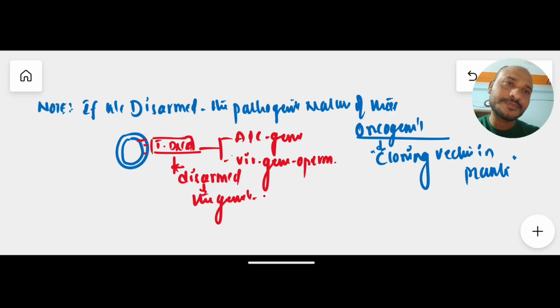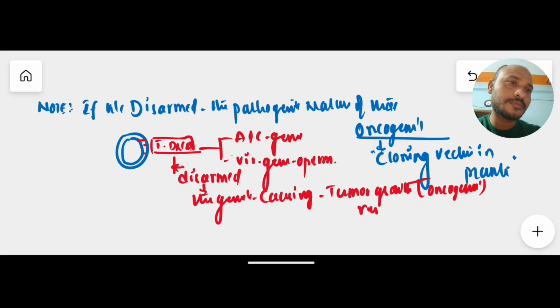Here disarm means the genes causing tumor growth, like oncogenes, we need to remove or modify them.